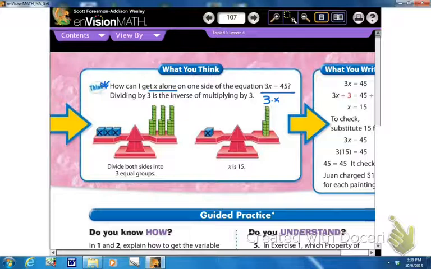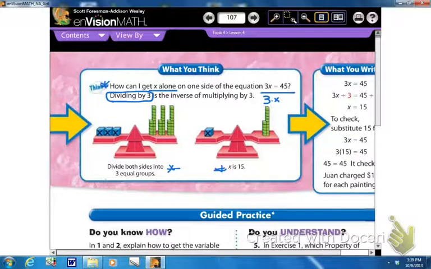So, if we're multiplying by 3, then we want to divide by 3. So you have to do the same to both. If we're going to divide the left side by 3, then we're going to divide the right side by 3. And they're showing you a picture here, before and after.